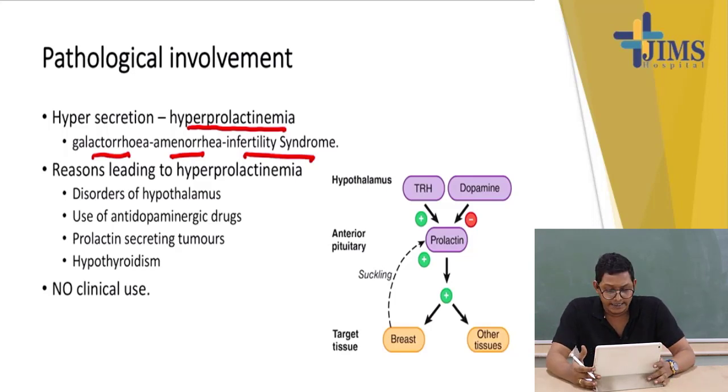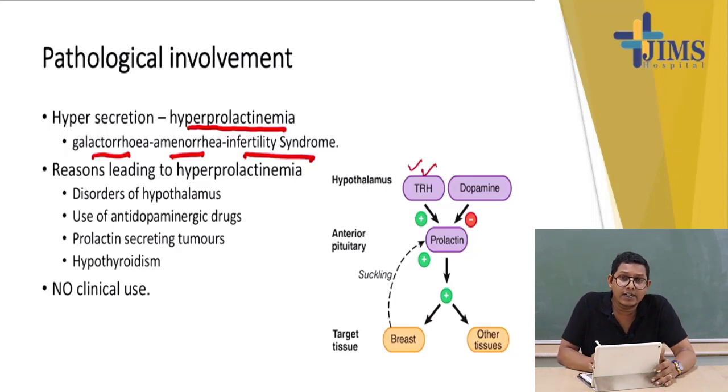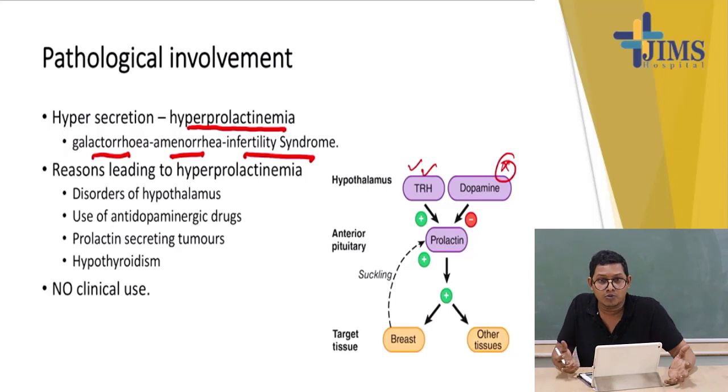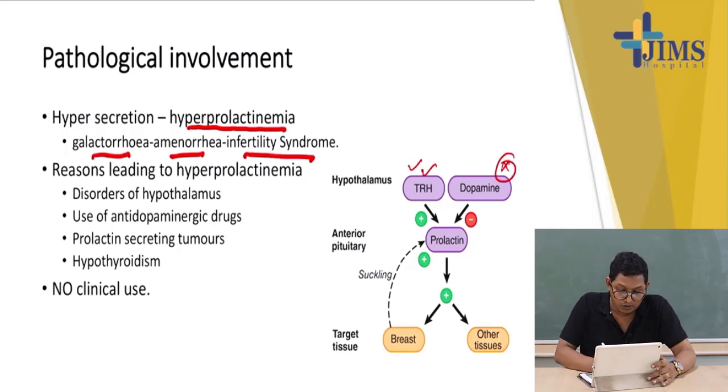Various reasons leading to this hyperprolactinemia may be disorders of the hypothalamus, that is secreting more and more TRH, use of anti-dopaminergic drugs that will take away this inhibitory response so that more and more prolactin is secreted, prolactin secreting tumors like microprolactinomas or macroprolactinomas, and in cases of hypothyroidism.